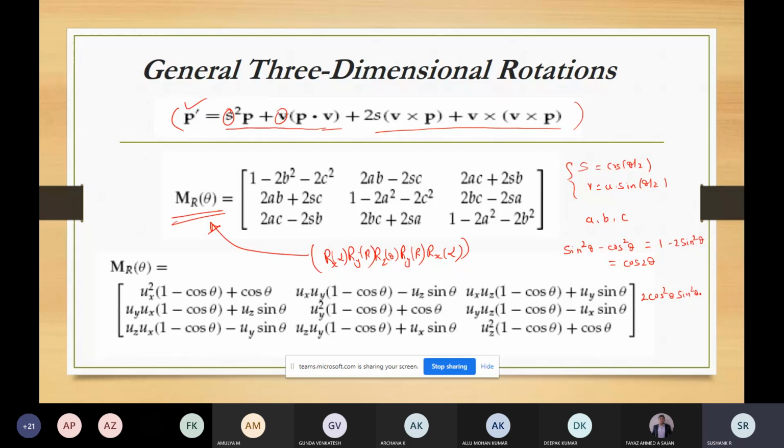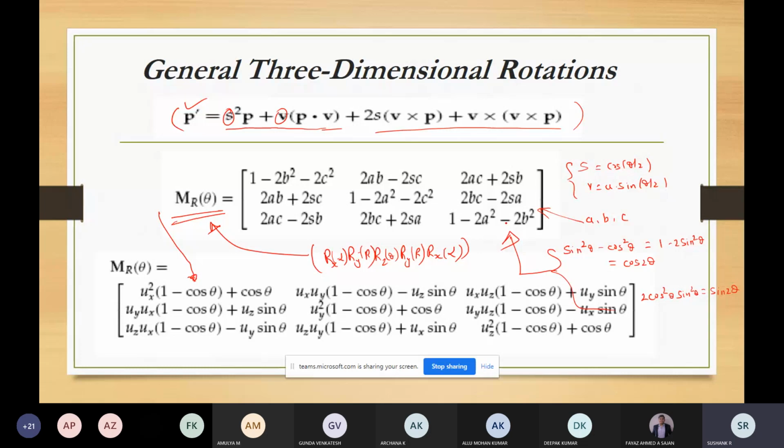By substituting the values of a, b, c and following these trigonometric equations, this equation will be transformed into this format. So you can write this equation MR of theta in terms of cos term and sine term, along with ux, uy, uz, where ux, uy, and uz are the components of the unit axis vector u.